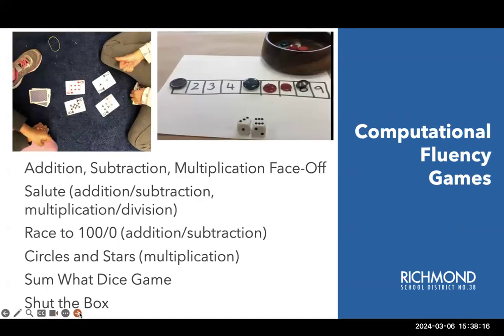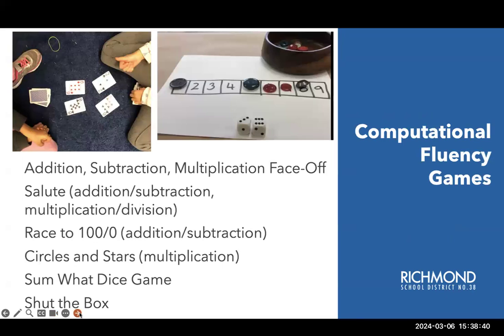Some games specific to computational fluency that I use in rotation across the grades are addition, subtraction, and multiplication face-off. Division doesn't work so well, depending on the group of students that you have. But face-off, when I grew up, it was called war. But I'm like, we don't need any more war in the world. Let's call this face-off. And that could be hockey related.